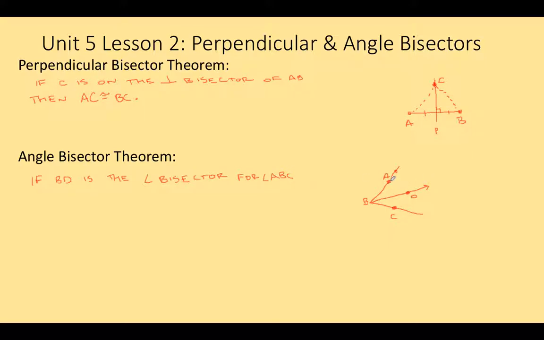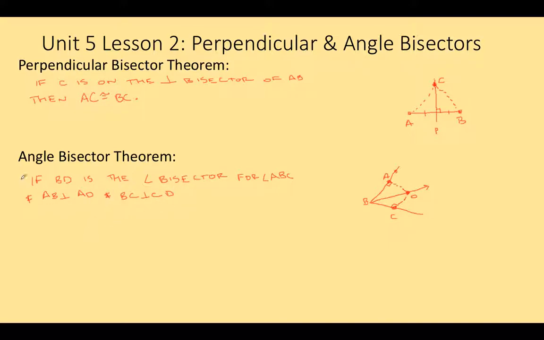And we'll say that these two lines right here, this one is perpendicular, and this one is perpendicular. So we'll also say AB is perpendicular to AD, and also that BC is perpendicular to CD.